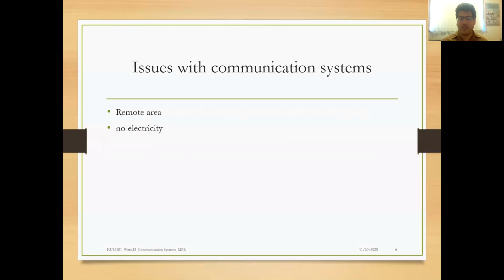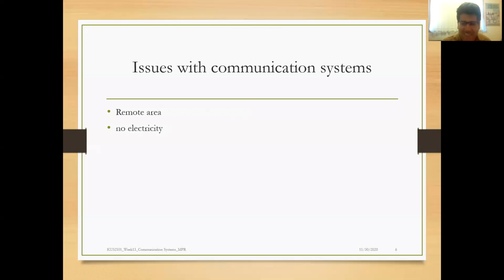If you have no electricity, then you're going to be very limited in your ability to communicate using technological systems. So in places with no electricity, it's going to all be about the natural communication, talking and using these things.